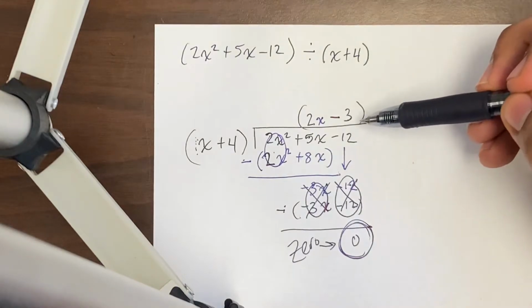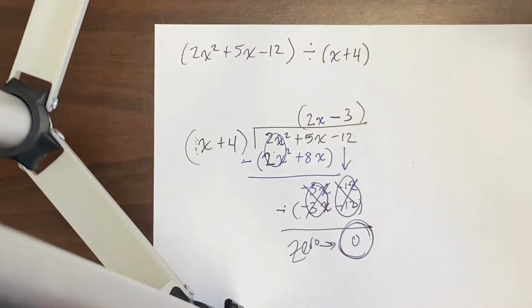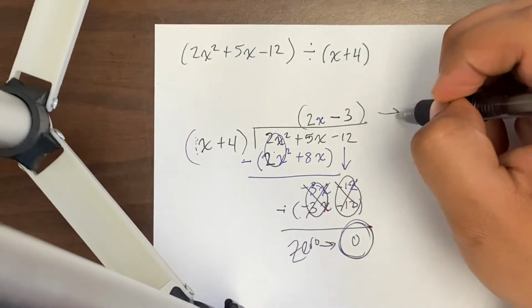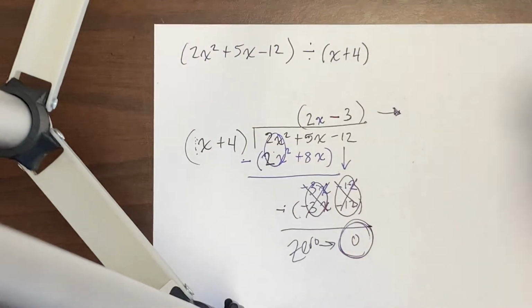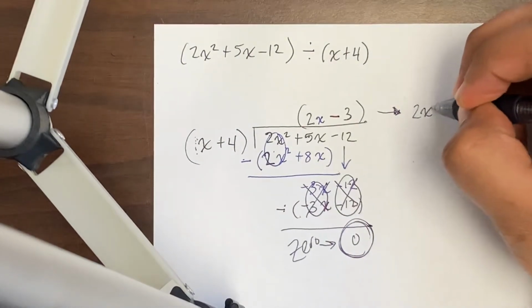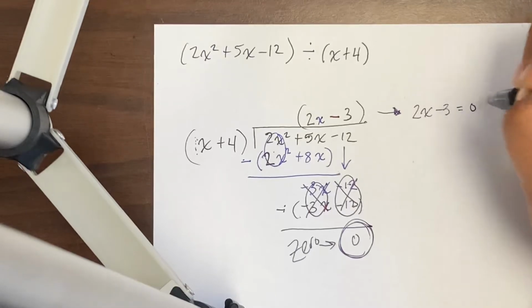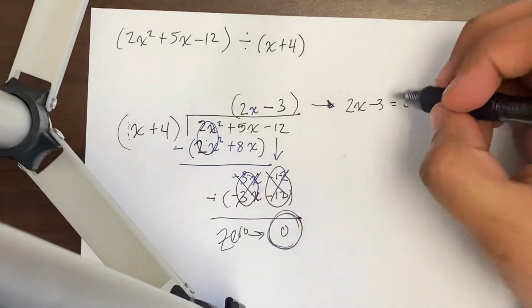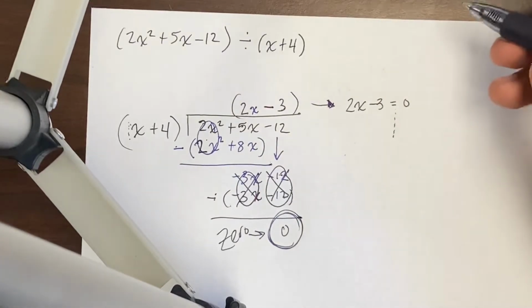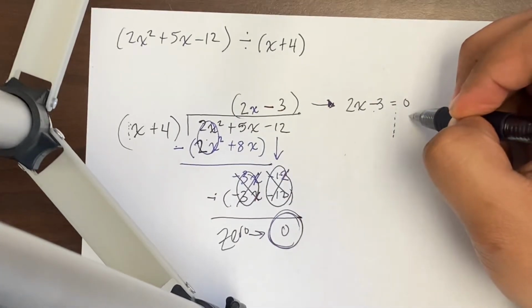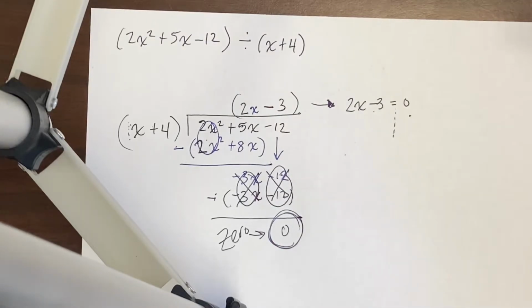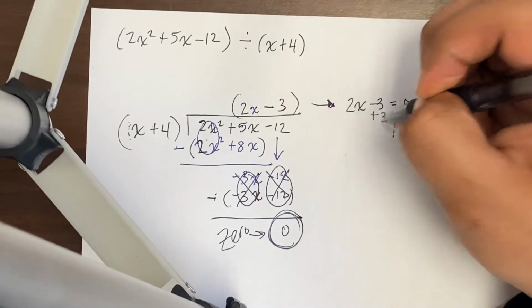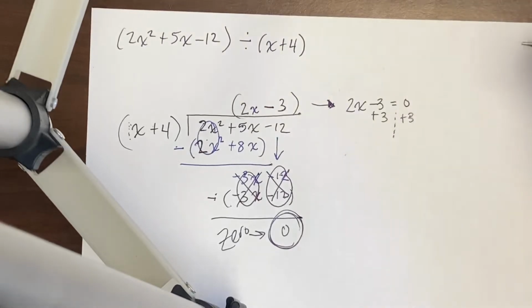But that does not look like 1.5. Check it out. Show you real fast. So I'm going to take 2x minus 3 and set it to 0 because that's one of our zeros. And we're going to solve for x. First step, add 3 to both sides. Of course, don't forget to pause. Plus 3, plus 3.